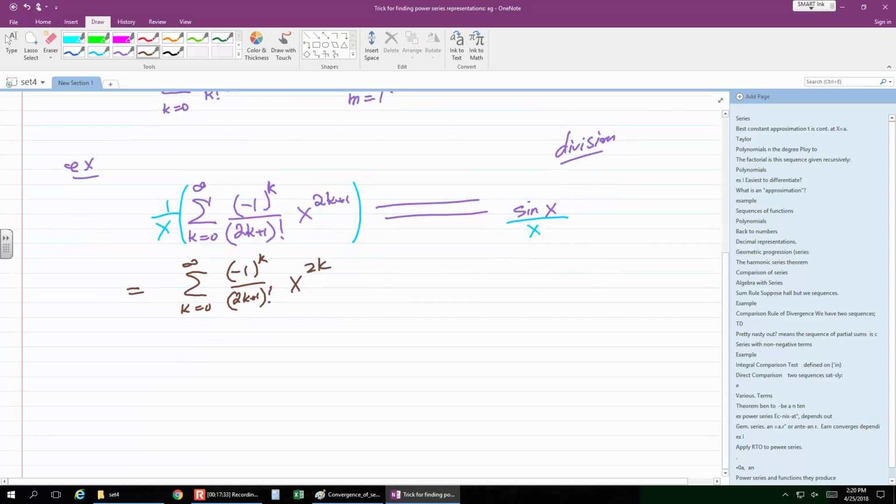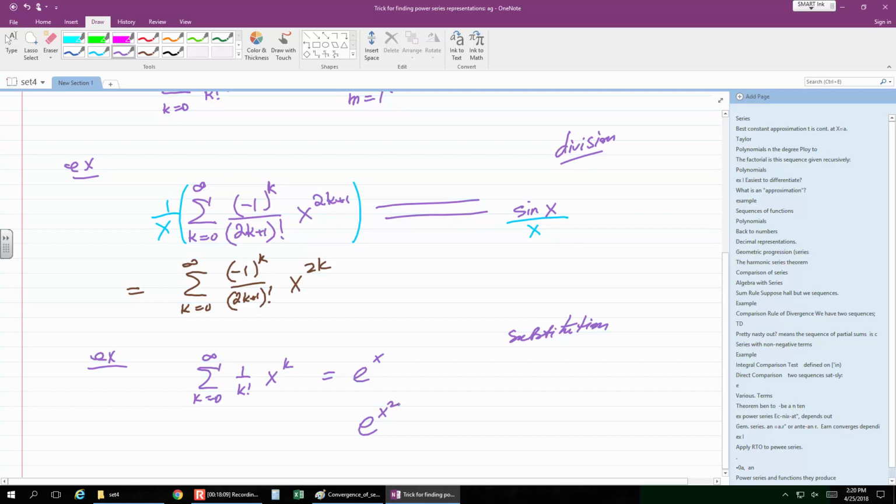Okay, one more example is the substitution. I'm taking the power series for the exponential function again. Okay, so that's my power series, and then what if I need the power series representation of e to the x squared instead?